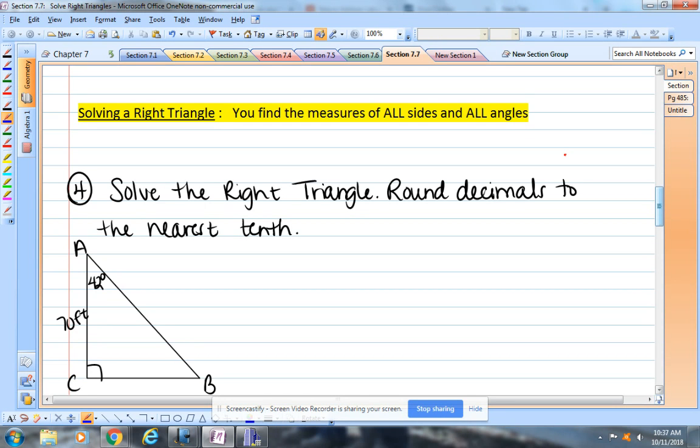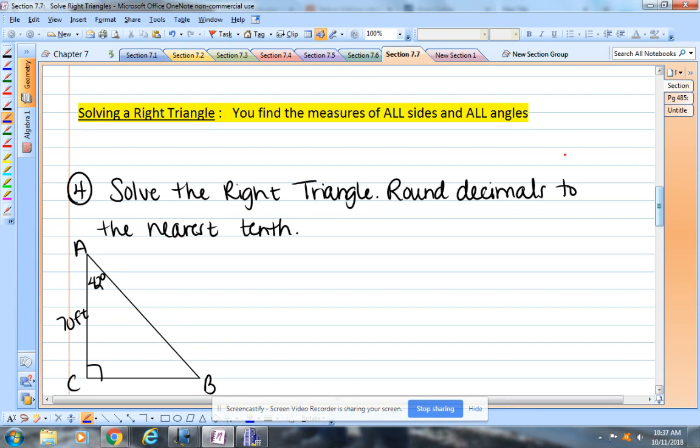All right, so what we have built up to and all these things that we have done with trigonometry is to solve a right triangle. Now, when you solve a right triangle, that means that you know all of the leg and side lengths and all of the angle measures.